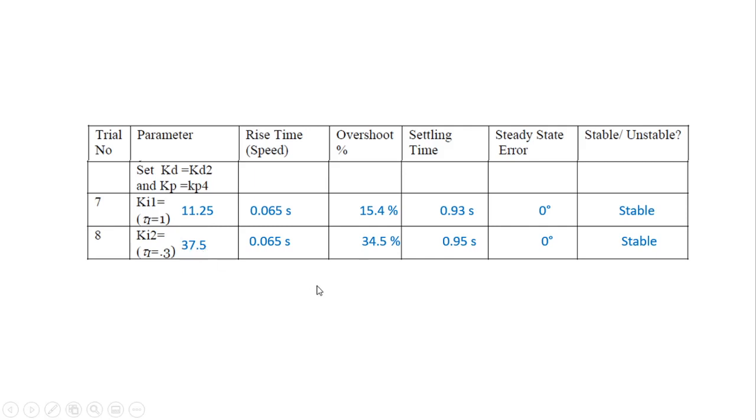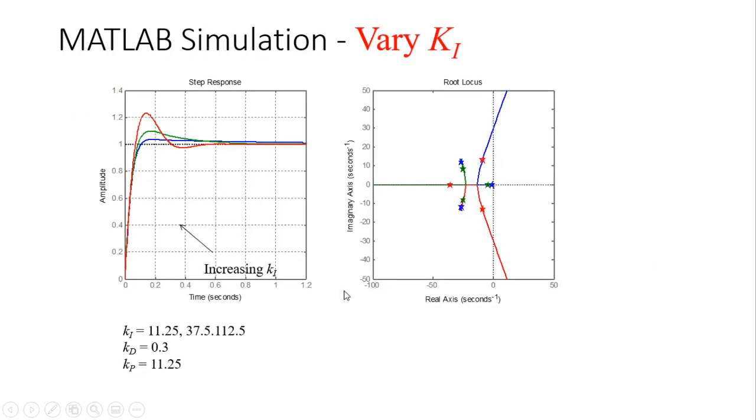Did you get that? I actually sat around and did this one too. The rise time seems to be the same, settling time seems to be the same, steady-state error seems to be 0. The only thing that changed seems to be the overshoot. So let's see what happened. Oof, this is complicated. For these three cases, this is blue, green, and red in that order.